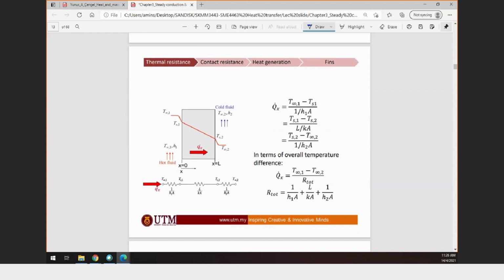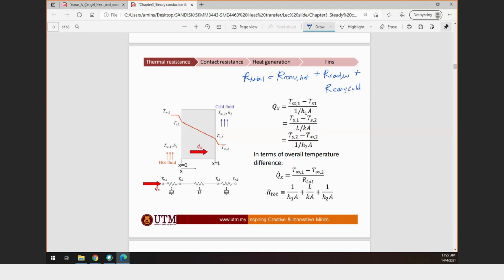So R total is basically, if I need to write it at the beginning, R total is R convection in the hot side plus R conduction of the wall plus R convection in the cold side.